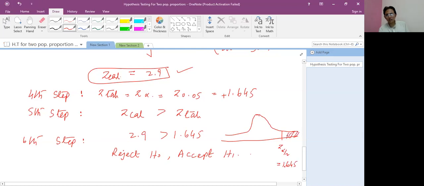This is the rejection region, and this is called the acceptance region, 1 minus alpha. The Z calculated value lies in the rejection region because it is greater than the tabulated value. So that's why we accept H1 and reject H0.